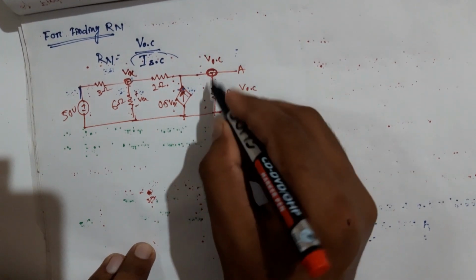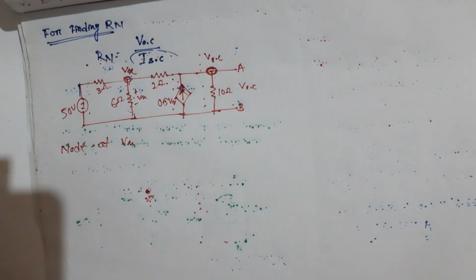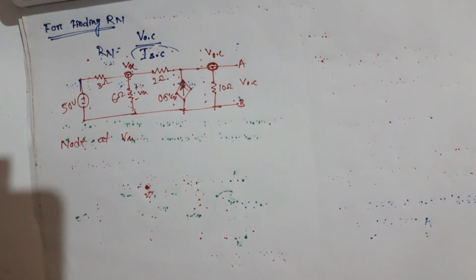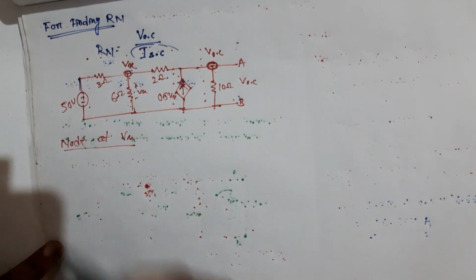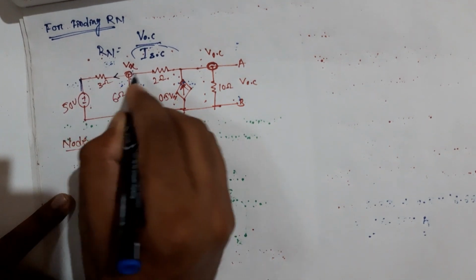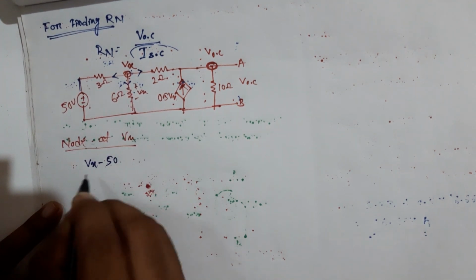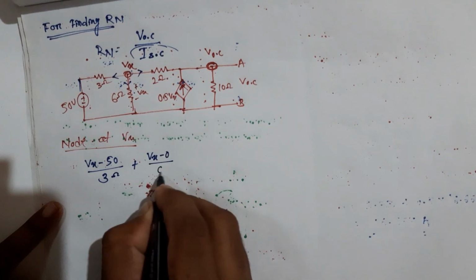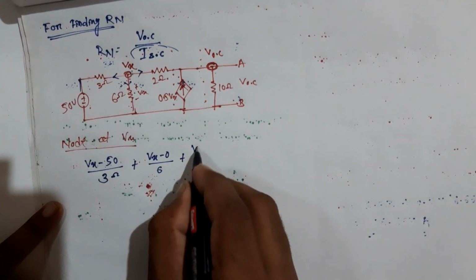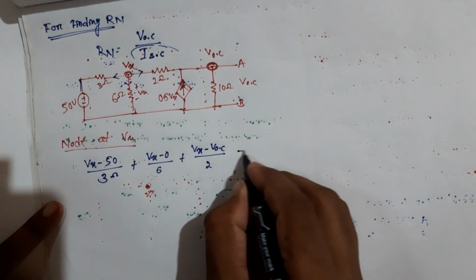First we apply the node equation at Vx, taking currents leaving the node: Vx minus 50 divided by 3 ohm, plus Vx minus 0 divided by 6, plus Vx minus VOC divided by 2, is equal to 0.